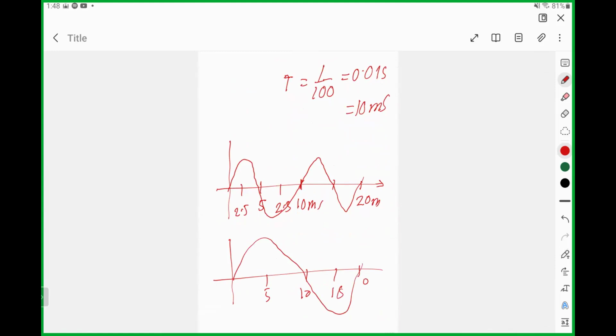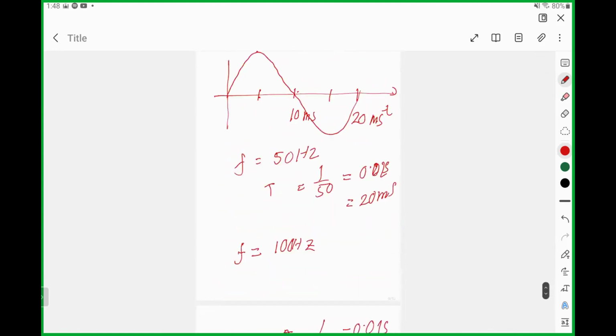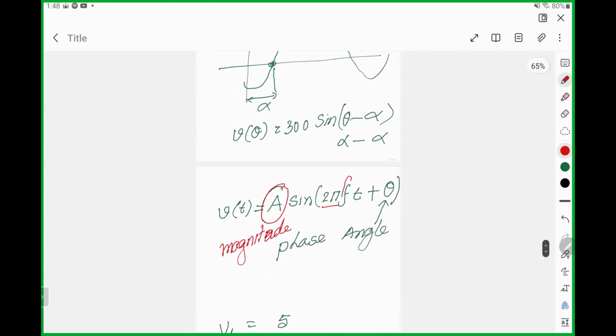And in 20 millisecond, I now have two similar sinusoidal signals. So that means this frequency has an effect on my signal. So this is another property of my sinusoidal signal. Okay? Now the third property is the phase shift.